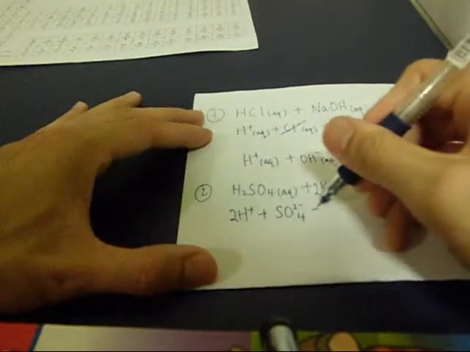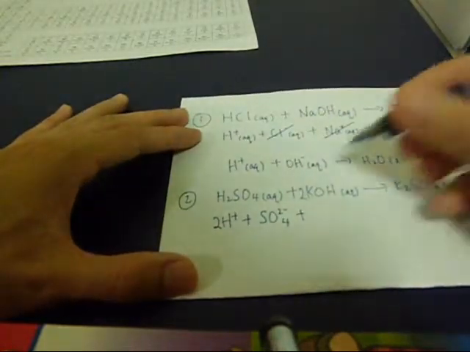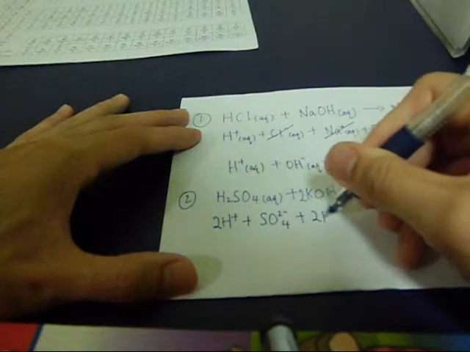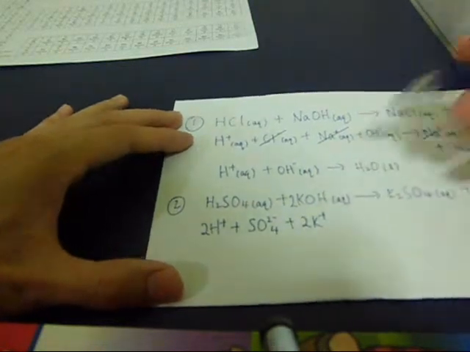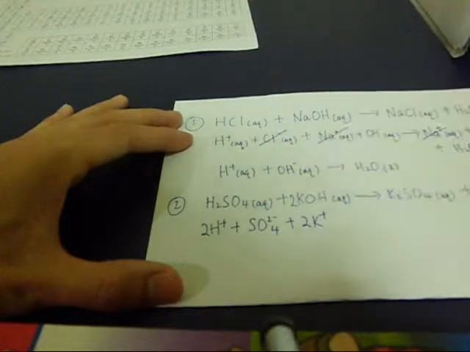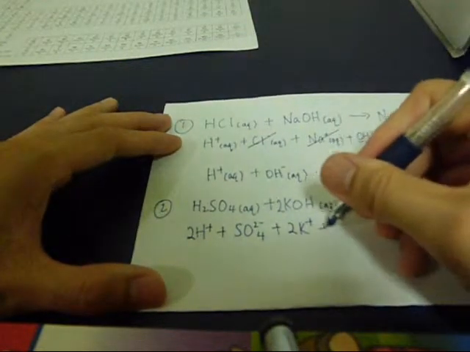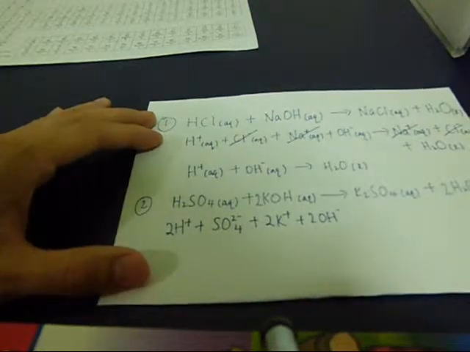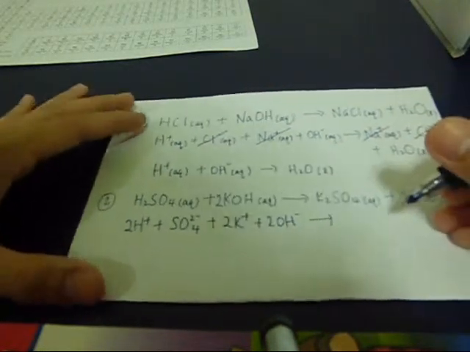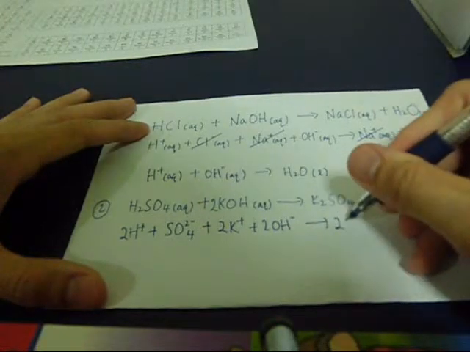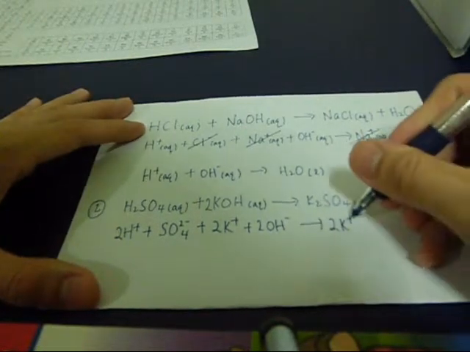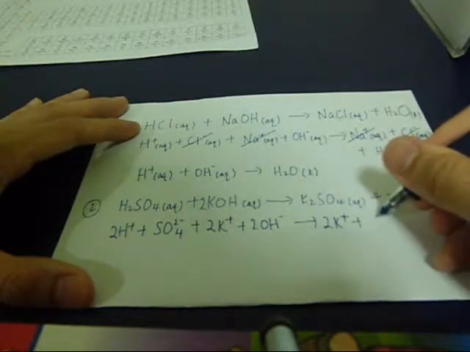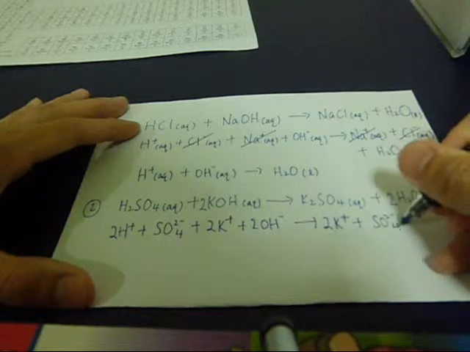Okay, then for KOH, your potassium hydroxide, if you split them up, it becomes 2K+, because there is a 2 in front here, plus 2OH-, which is your hydroxide ion. And then potassium sulfate, if you split them up, becomes 2K+ plus SO4 2-.